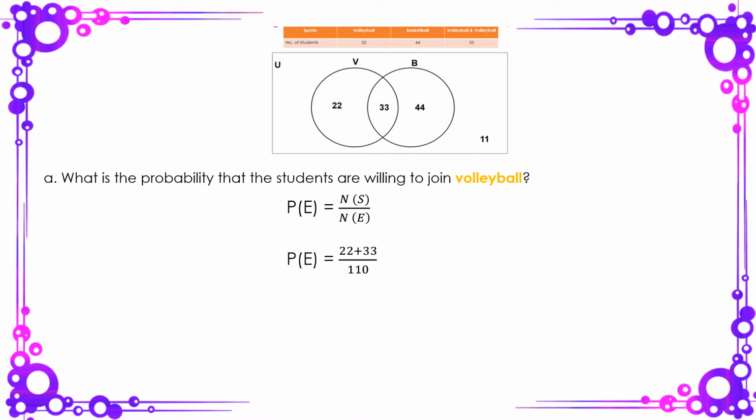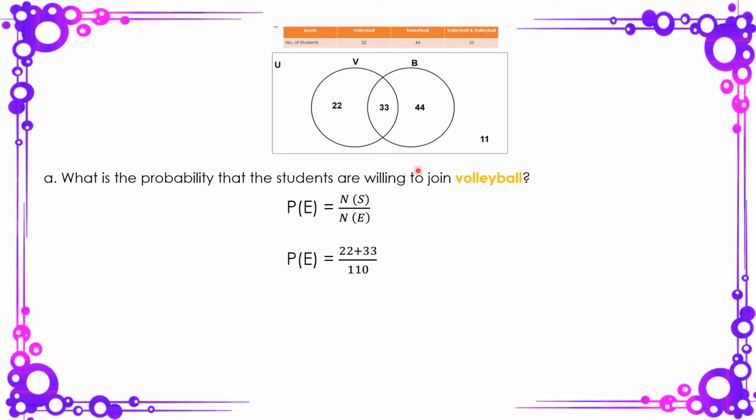So this is equal to, just look at our Venn diagram here. You see here the circle for volleyball. So this is equal to 22 plus 33. So 22 plus 33 over 110 because it is the total of grade 10 students.